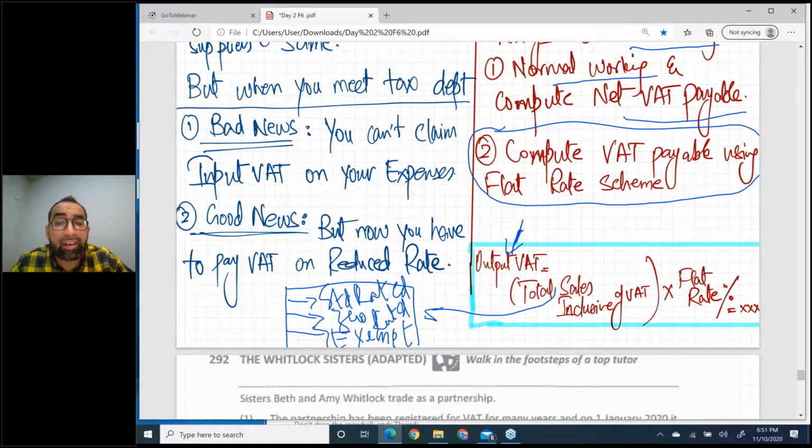This is the real explanation of total sales. Although I know and you also know that we haven't collected any output VAT on zero rated and exempt, yes, you have to include them here because the flat rate is basically a reduced rate. So output VAT in the flat rate scheme: total sales inclusive of VAT multiplied by the flat rate percentage.